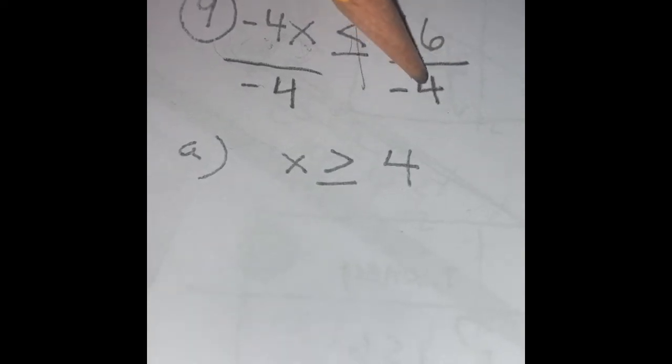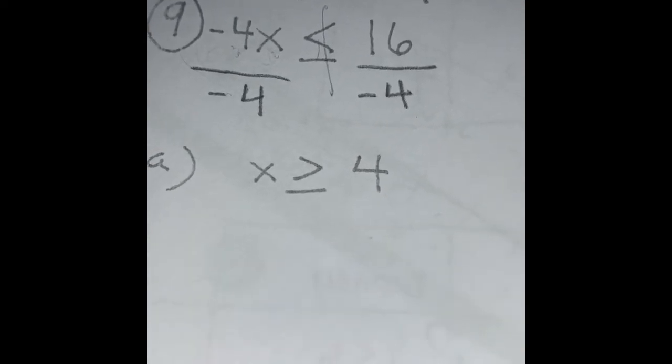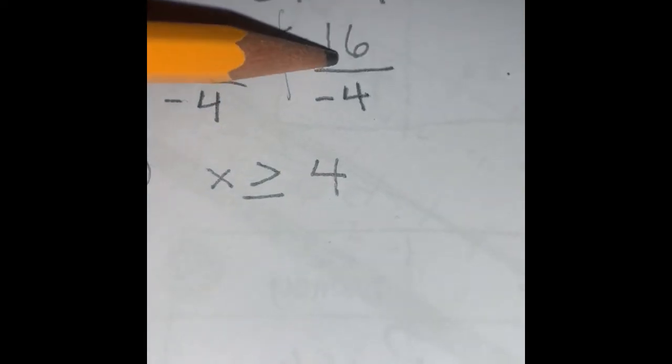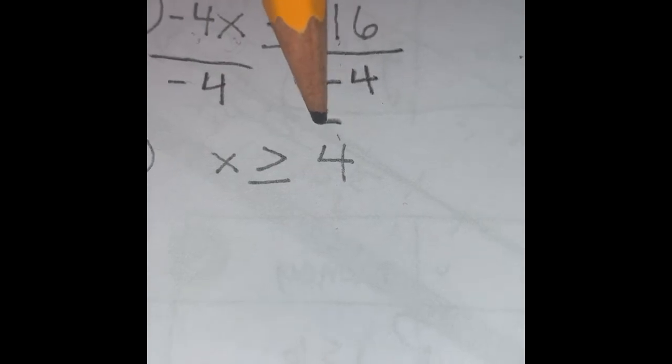Now, we're not just going to divide by 4. What we're going to divide by is -4. And if we divide by -4 on this side, we have to divide by -4 on this side. Now, there's a couple of different rules that we have to take into consideration. If you remember back on the first problem, we know that a positive divided by a negative will give us a negative.